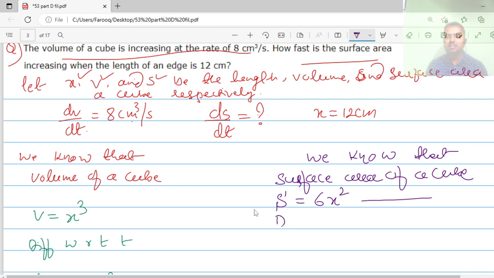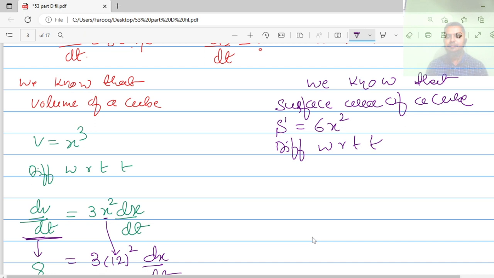Differentiating with respect to t, ds by dt is equal to 6 as it is.